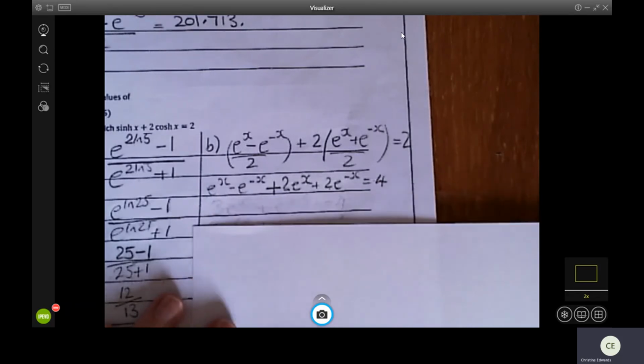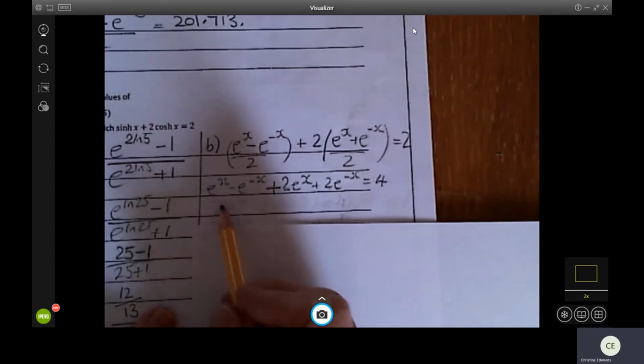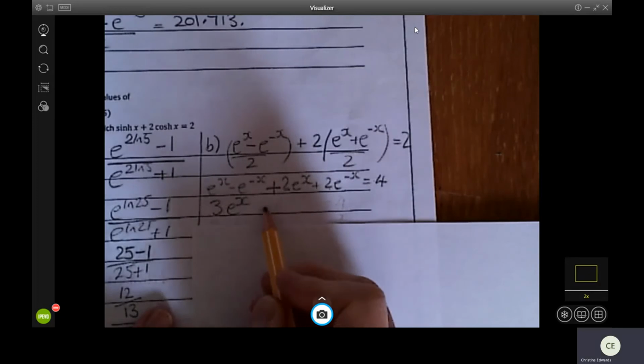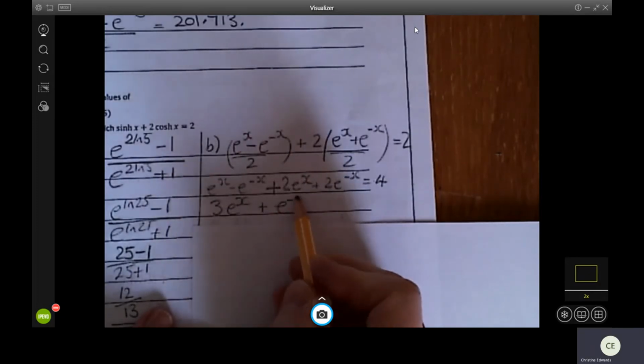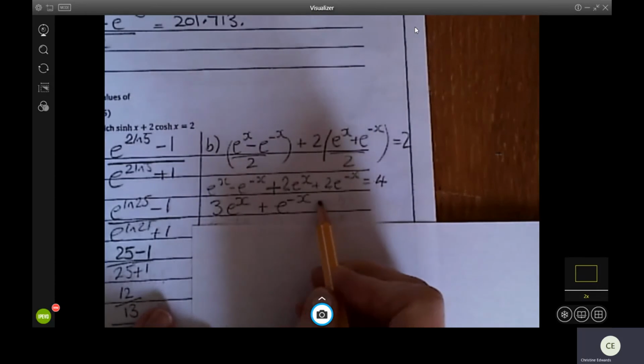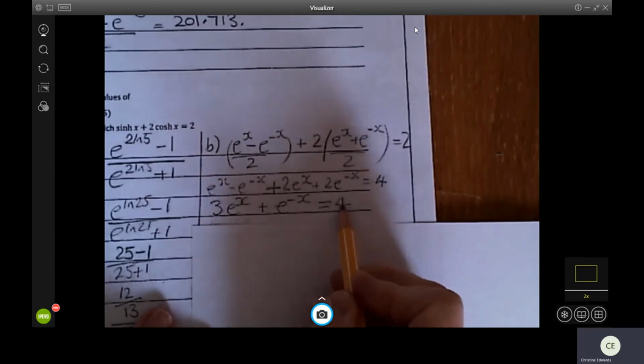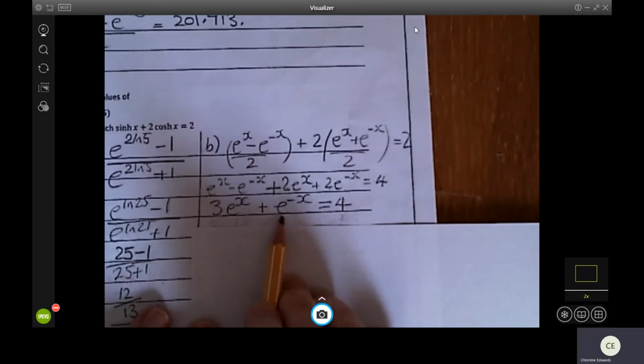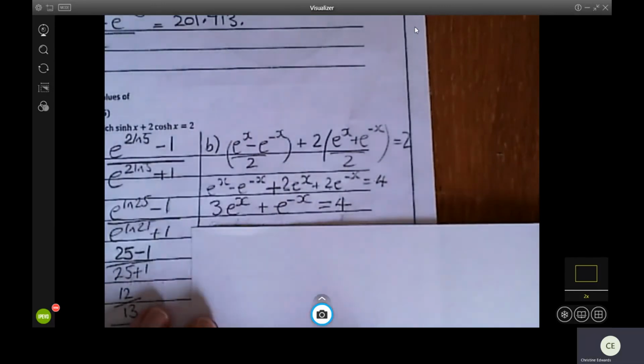We then collect our like terms together. So we have 3 e to the x plus e to the minus x equals 4. We need to deal with the e to the minus x. So let's have a think about what that means.